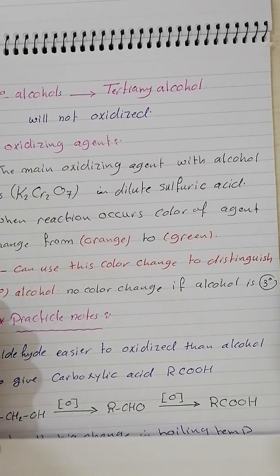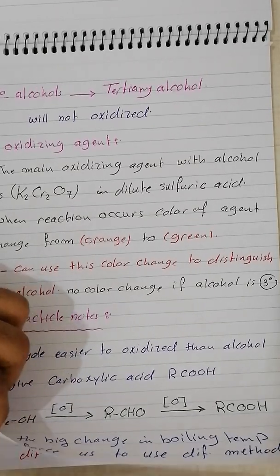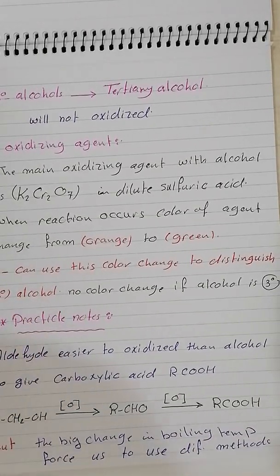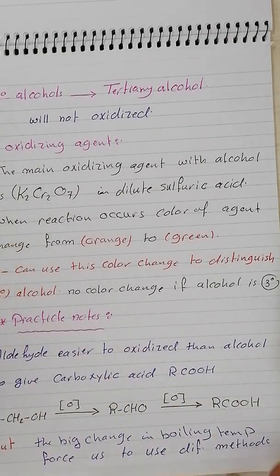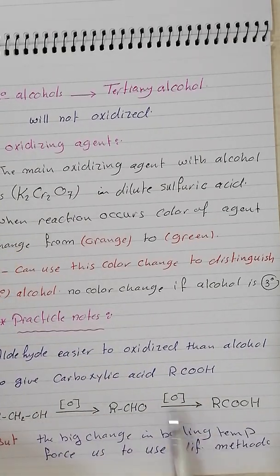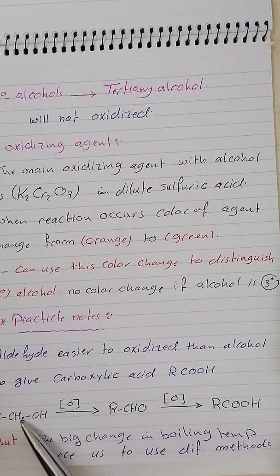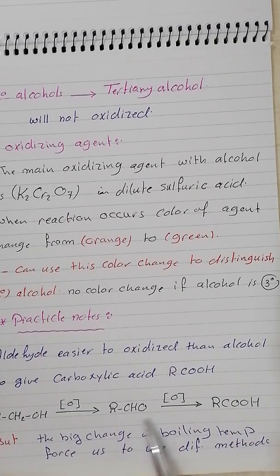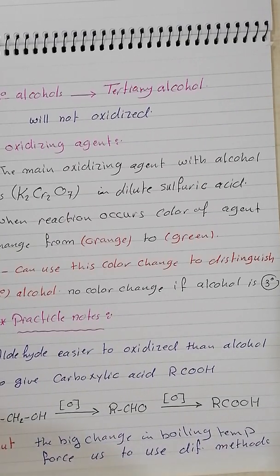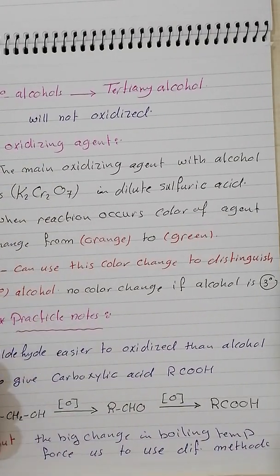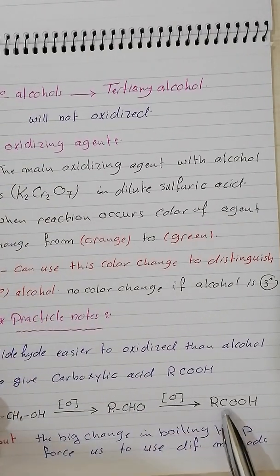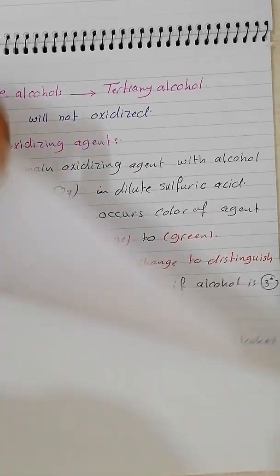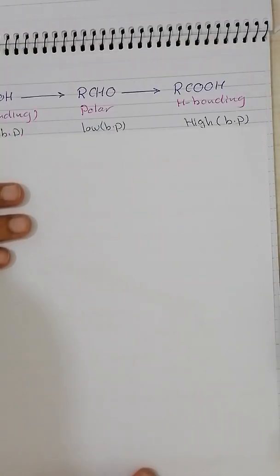But we face a big problem to let this reaction go smoothly. What's the problem? There is a drop in the boiling point that will occur between alcohol to aldehyde, then to carboxylic acid. So we need to use a special way to force aldehyde to oxidize to carboxylic acid. What's the problem first?